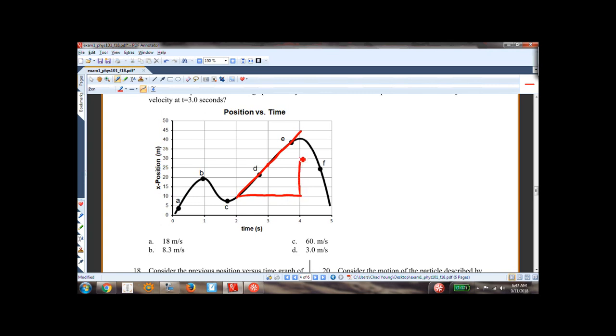And then I have rise over run. The rise goes from 10 to 45, so that's 35, and then the run goes from 2 to 4, so that's 2. That's 35 over 2 is going to be 18 meters per second. So number 17 is A.